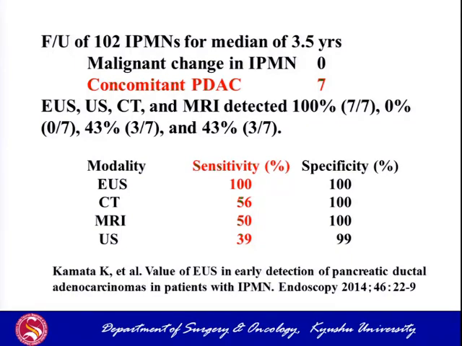CT or MRCP and blood test will be performed every 6 months, and the EUS will also be added every year. In 5 years from the end of the 2-year registration, we will know the true incidence of concomitant pancreatic cancer and how to diagnose it as early as possible.